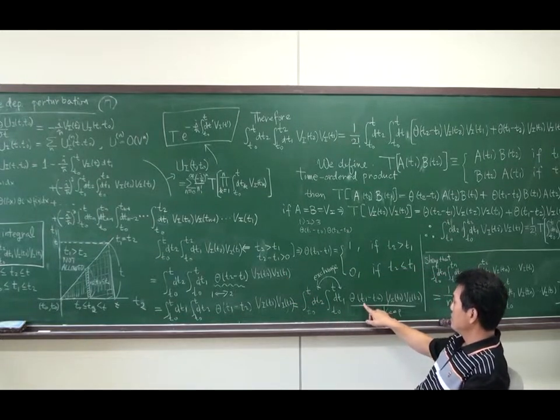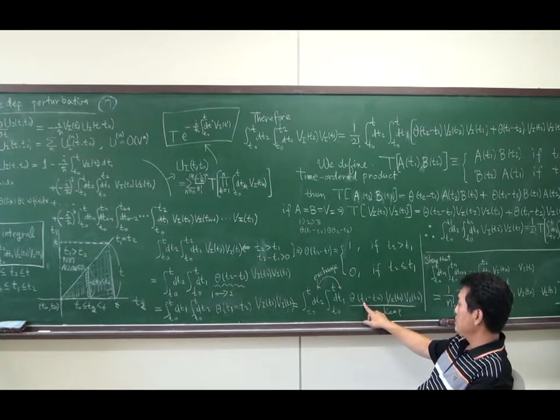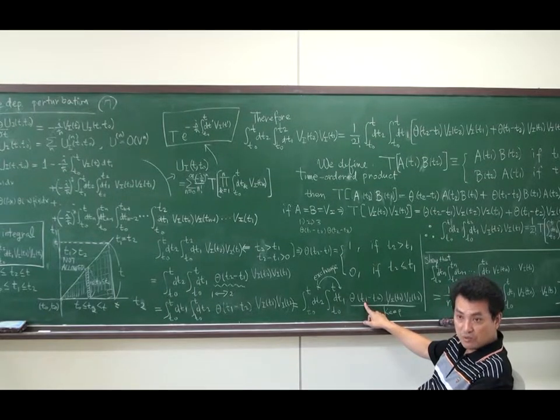Here, even though I have replaced T1 by T2, the logic is the same. Even though it is T1, T1 should be later than T2. That means that the T1 interaction appears later than T2, or T1 is greater than T2.